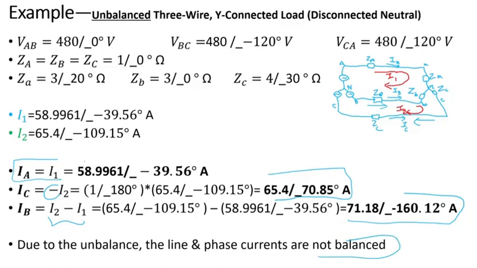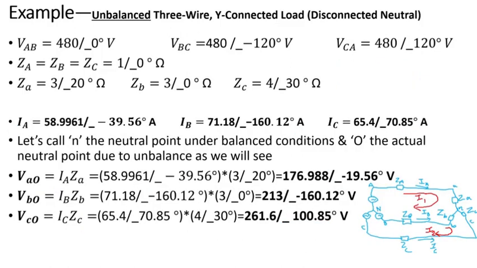You can see IA is 58.9961, IB is 71.18, and IC is 65.4. And even the angles are not balanced, because if they were balanced, they would be displaced by 120 degrees, but they are not. So that's one thing the unbalance causes: the currents are not balanced.